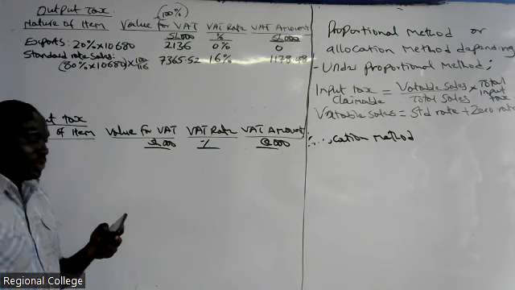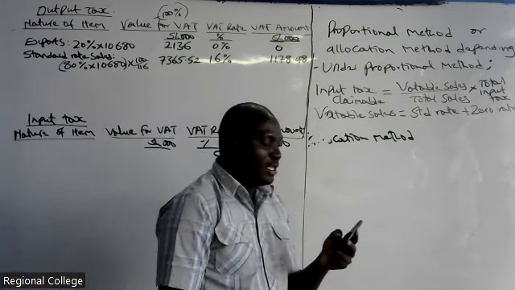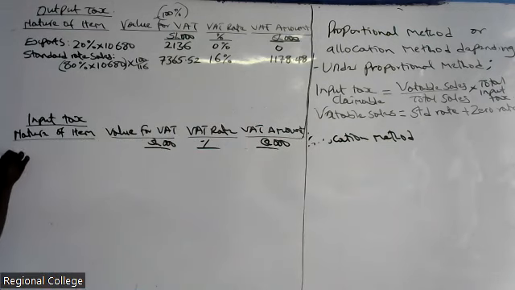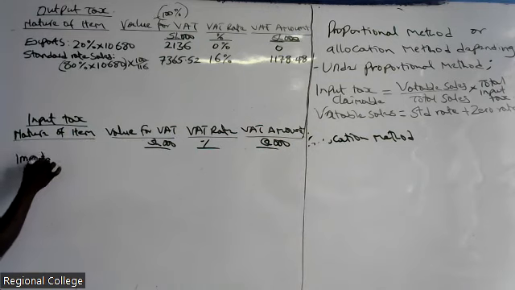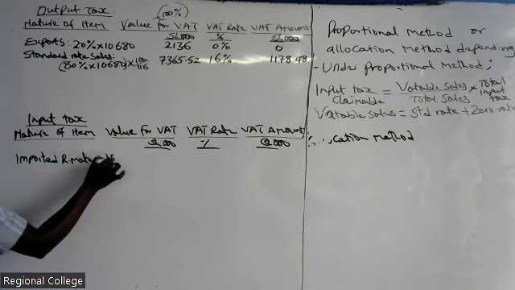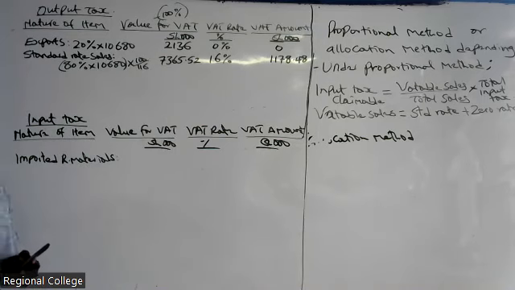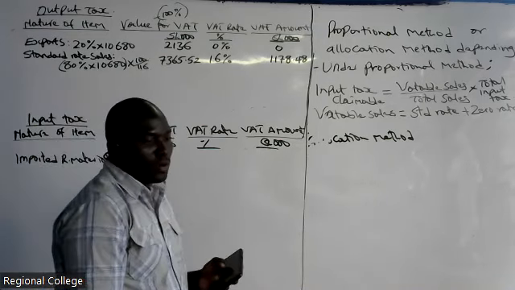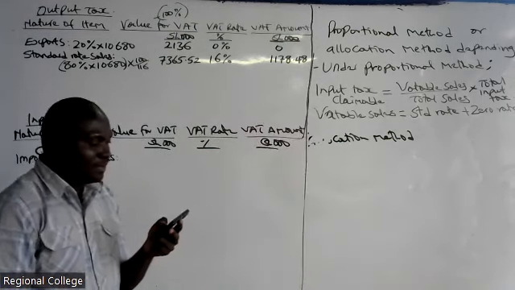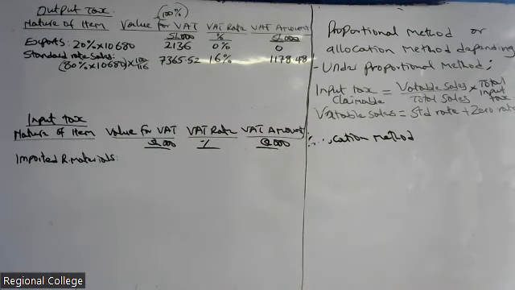Then number 2, purchases at standard rate include imported raw materials. So we have imported raw materials, equal to purchases, and you need input tax. So what is the cost? 1,500.